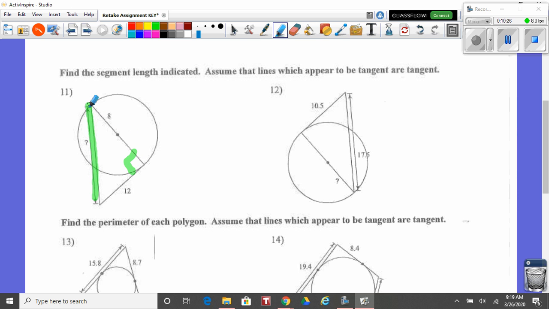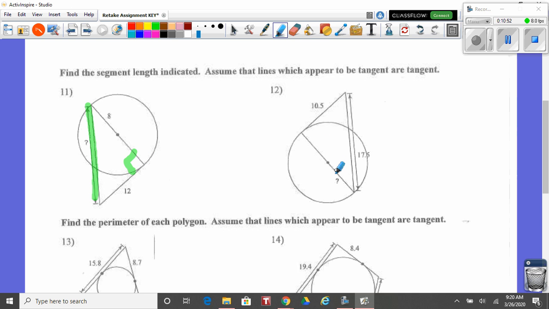That is the diameter of the circle, which means that this entire arc here is 180 degrees, and 2 times the angle right here equals that arc. So 2 times this angle equals that arc of 180, which means that that's going to be 90 degrees. So we simply use the Pythagorean theorem to solve number 11 and 12.